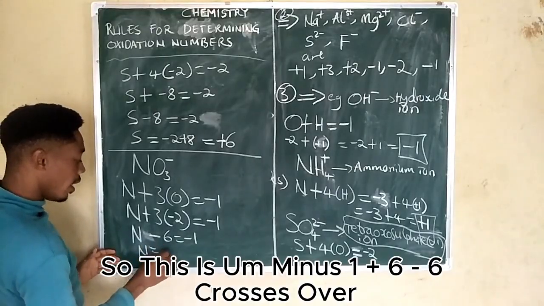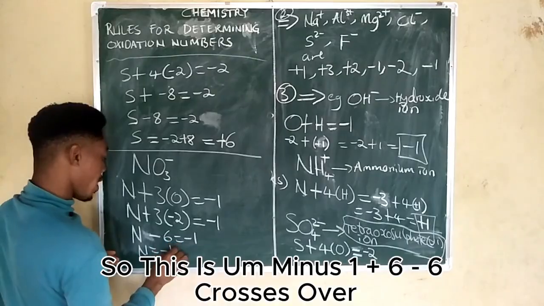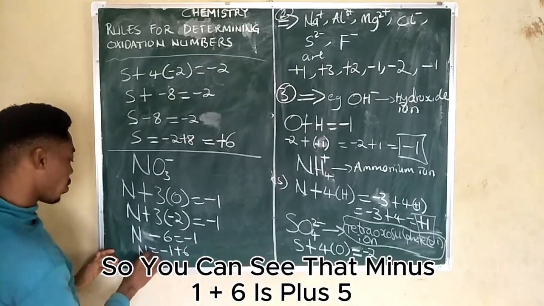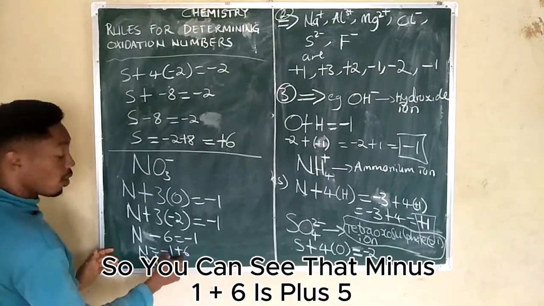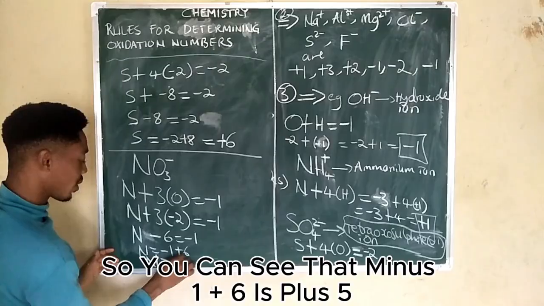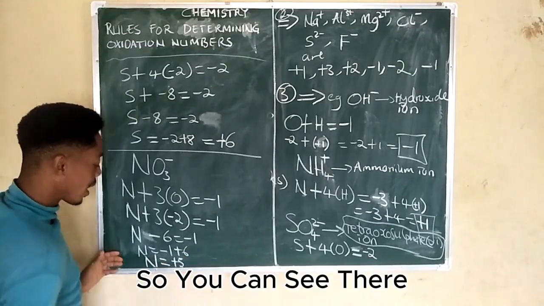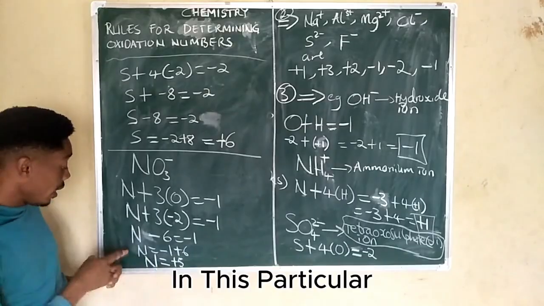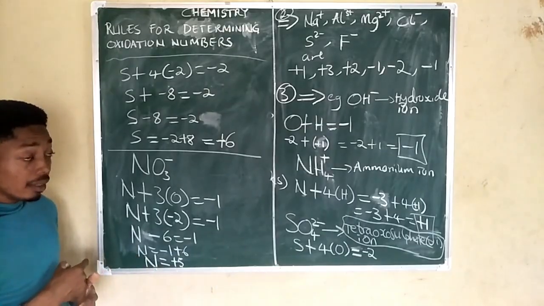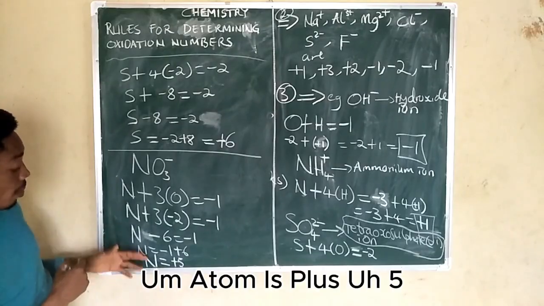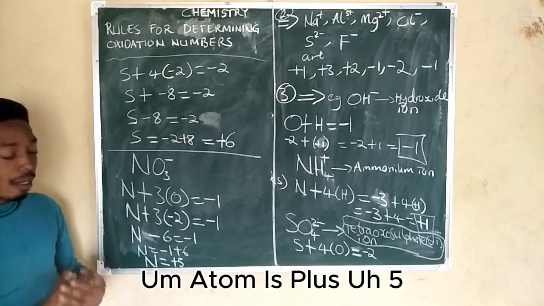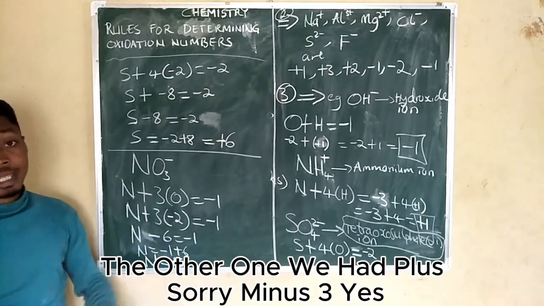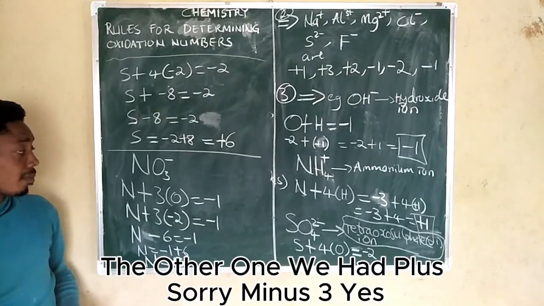So this is minus 1 plus 6, the minus 6 crosses over. You can see that minus 1 plus 6 is plus 5. So the oxidation number of nitrogen in this particular ion is plus 5. The other one we had was minus 3.